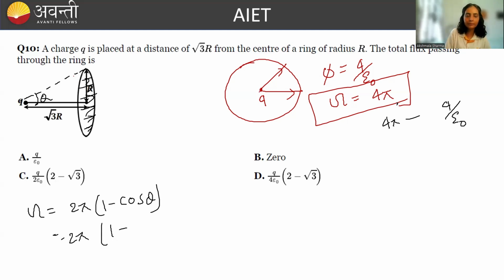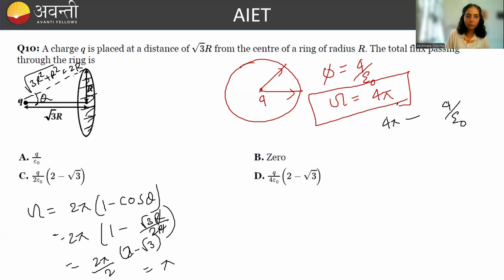This is root 3r, this is r. This will become root 3r whole square, that is 3r square plus r square, so the hypotenuse is equal to 2r. So cos theta is equal to how much? Root 3r by 2r. So this is 2 pi times (2 minus root 3) by 2, which equals pi times (2 minus root 3). This is the solid angle formed.